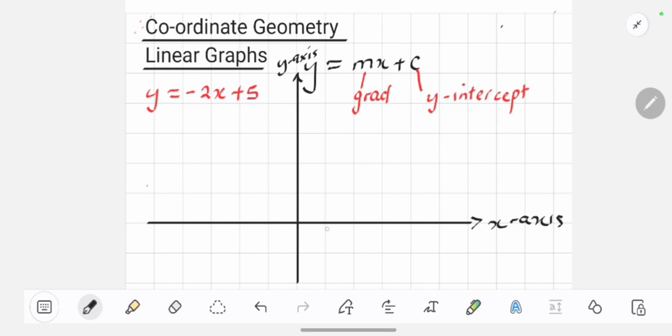In this case I would just have 1, 2, 3, 4, 5 here, minus 1, minus 2, minus 3, minus 4, minus 5, and so forth.